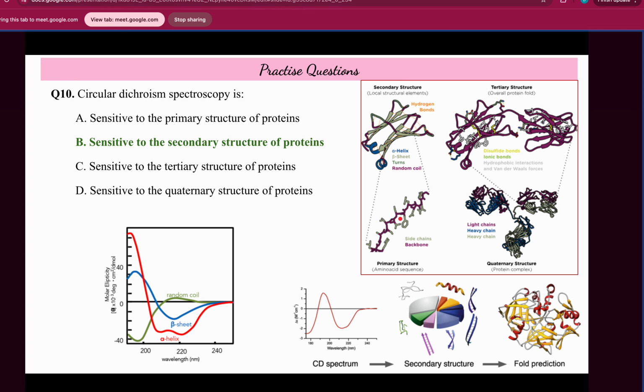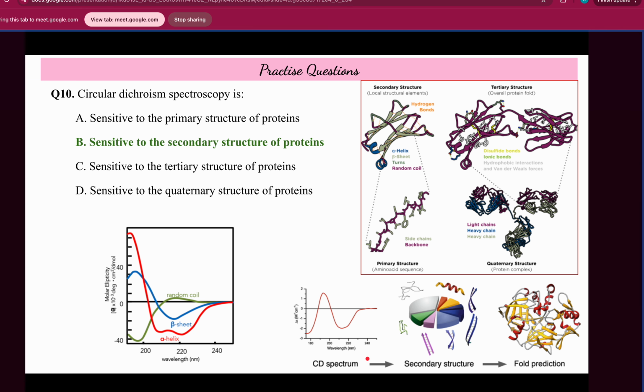And in later sessions, we'll see how cryo-EM is also used. This figure shows what primary structure and secondary structure mean. In secondary structure, we mainly focus on the alpha helix, beta sheets, turns, and random coils, and there are hydrogen bonds present. Each type of secondary structure gives a characteristic peak, due to which we are able to distinguish among them.